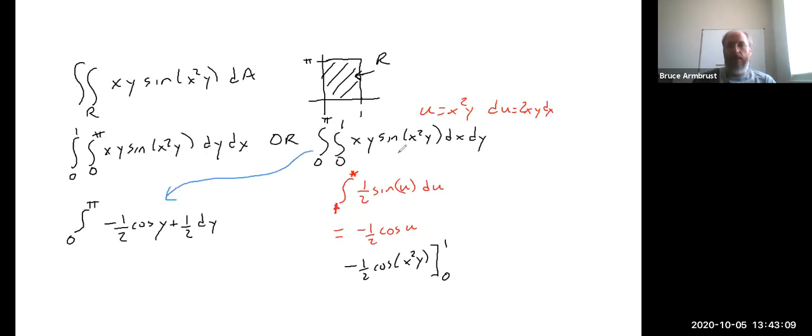Okay, so we just evaluated the inner integral we got here. And now we're left with still integrating with respect to y.